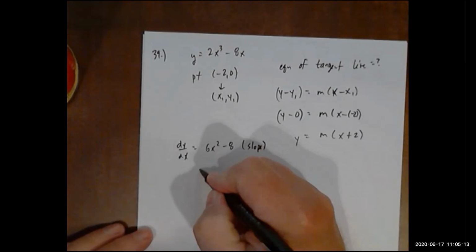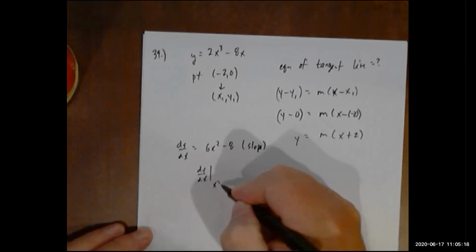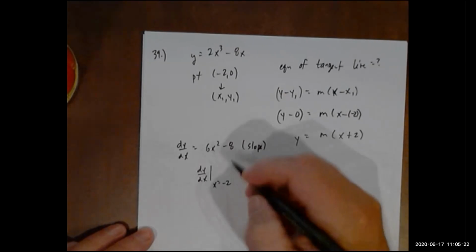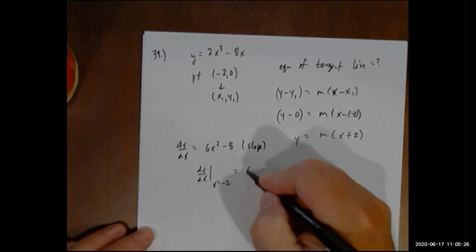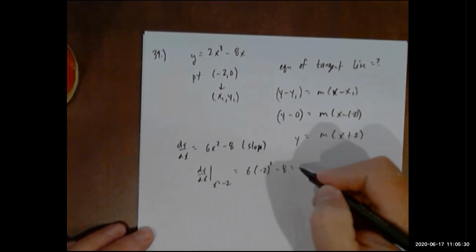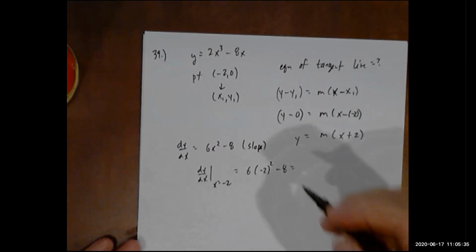Well, I specifically want to find the slope when x is -2. So I simply plug in -2 into my first derivative, or I could think of it as my slope equation.